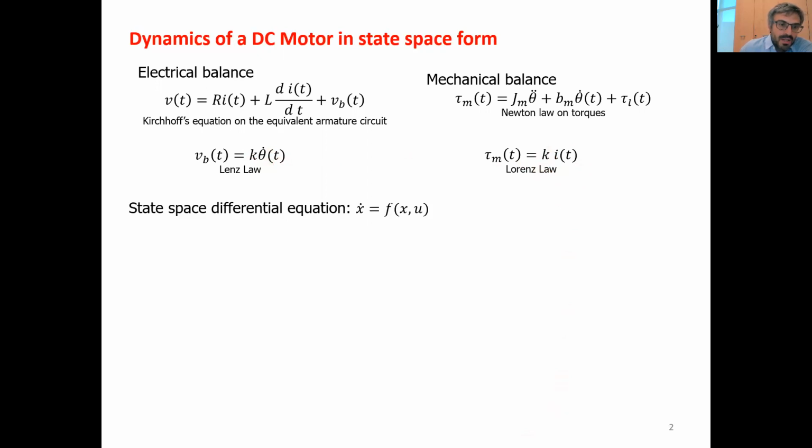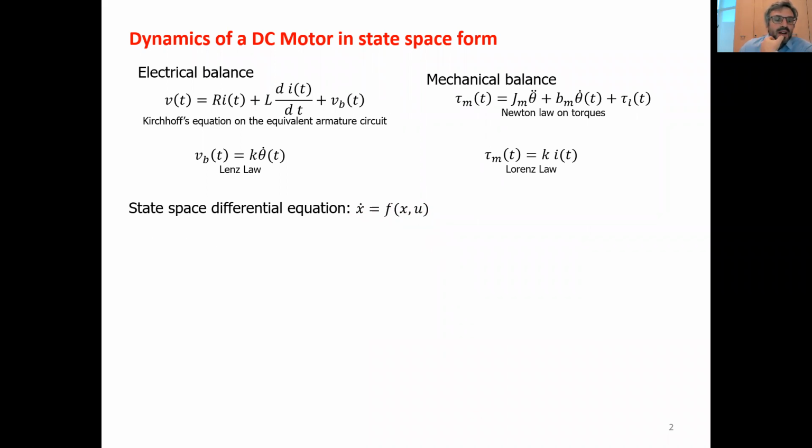Now, to have a state space differential equation, we need to express our differential equations in this form, which means defining a vector of the states x, and we associate the first derivative of this state vector to a function of the state itself and of the vector of inputs.